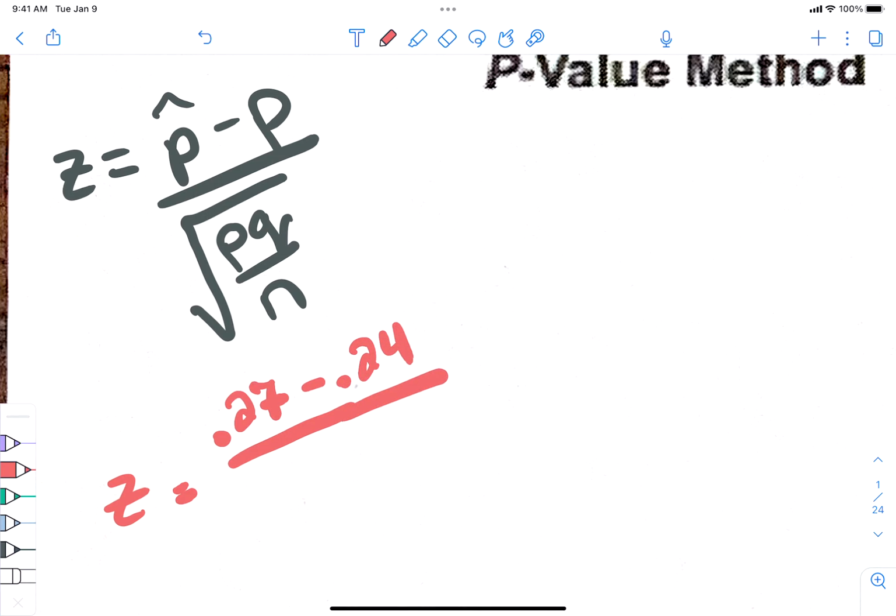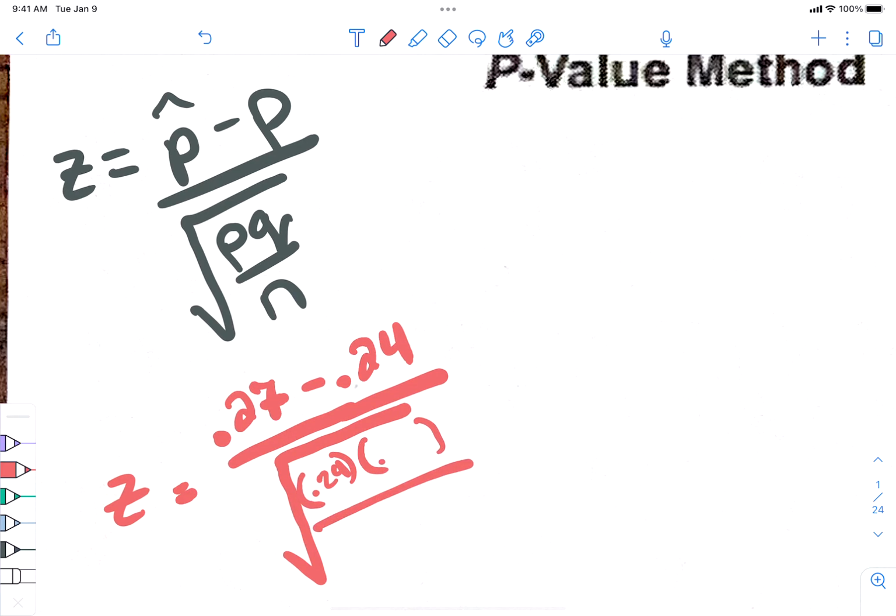That's the other P. Square root of, now do we use 0.27 or 0.24? We use 0.24 on the bottom, times Q, which is 0.76, I think we did that number already, and N is 100. Practice typing that in. Let's see what you get.